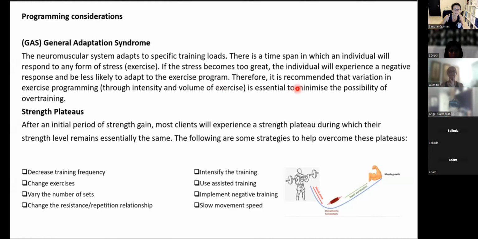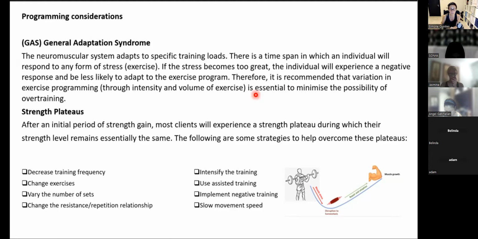It's recommended that the variation in the exercise programming through the intensity and volume of the exercise is essential to minimize the possibility of overtraining, okay? So again, if you are doing too much, that means if it still hurts, you better wait another day until you do the same muscle group again, all right?